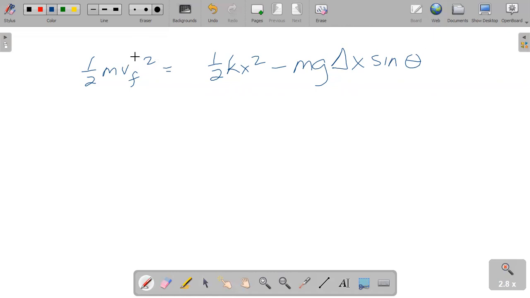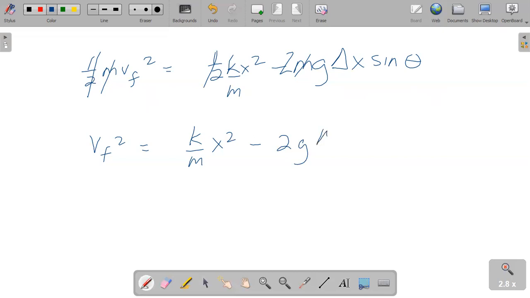So let's take these halves out and put a 2 here, and let's take these m's out and put an m there. Now we have v final squared equals k over m times delta x squared minus 2g delta x sine theta. And then we're going to take the square root of both sides. You could do this, fill in the blanks, and solve for the value.